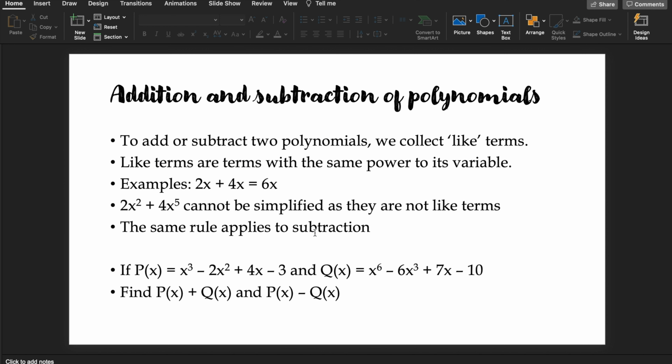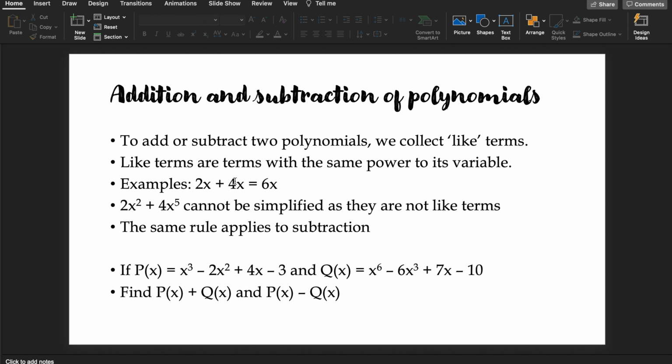So we're going to be working on the addition and subtraction of polynomials. In order to add or subtract two polynomials, we must collect the like terms. Like terms are terms with the same power of the variable. So over here we can add these two because the power to which the variable is raised is the same. In both cases, it's 1 and 1.